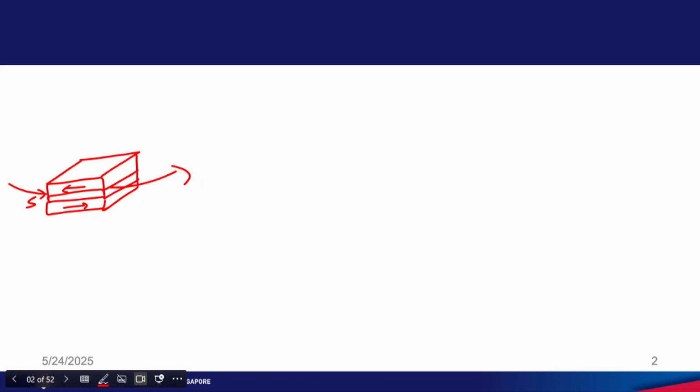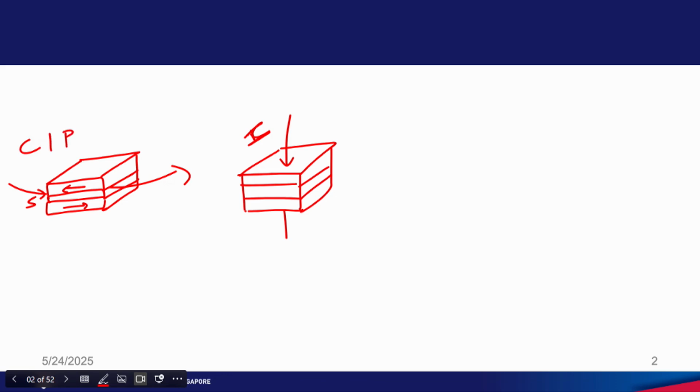When we talk about current perpendicular to the plane, we are talking about sending current through the layer. Sorry, this is I. So this is current in plane, current perpendicular to the plane.